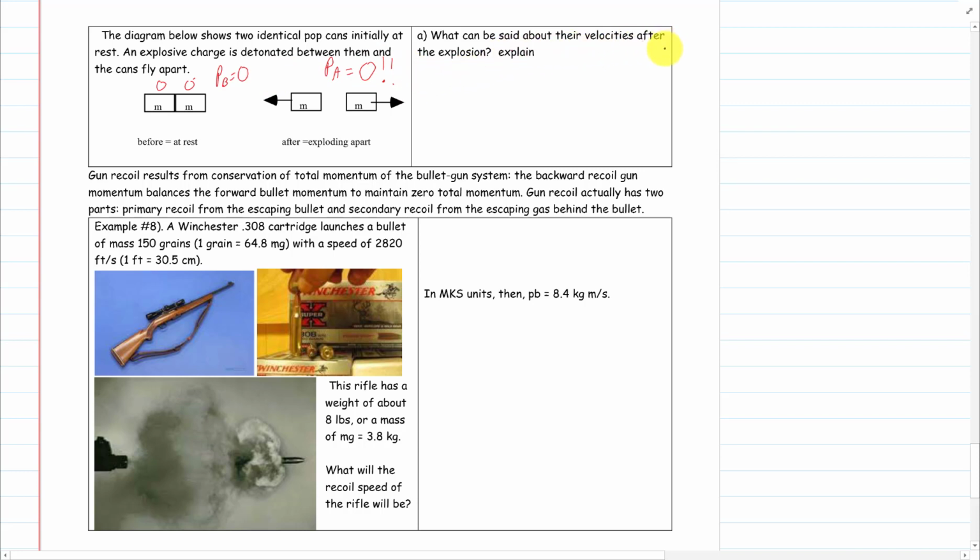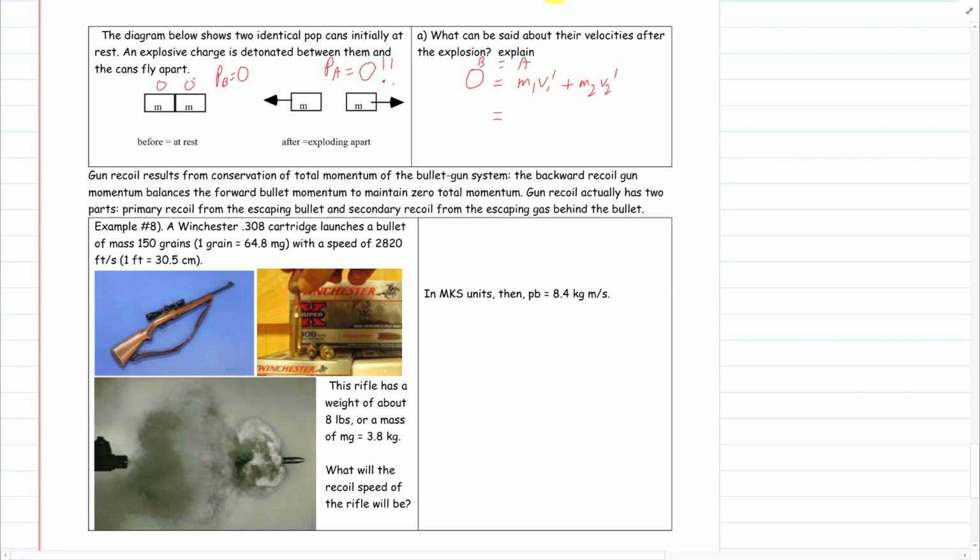So what can be said about their velocities? Well, if they have the same masses, they have to have the same momentums, so their velocities have to be equal and opposite. If you want, we get 0, the before, is equal to after. So 0 has to equal m1v1 prime plus m2v2 prime.